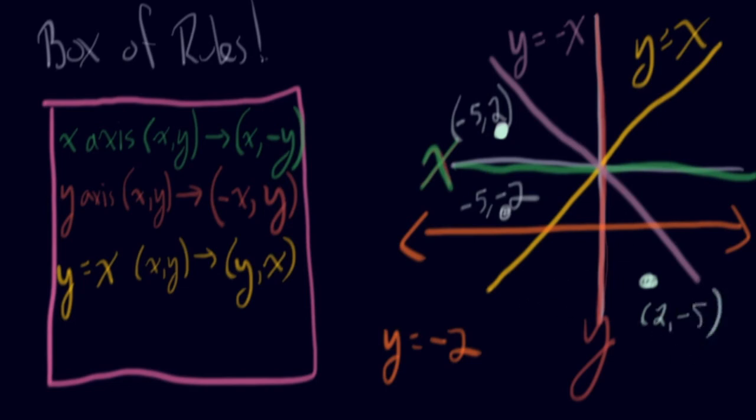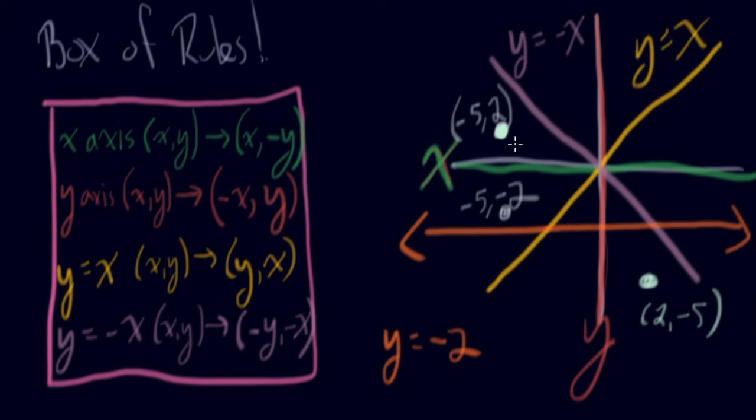And the final one we have to look at, the purple one, is what happens if it reflects across y equals -x. If you can take a wild guess, what do you think happens for that one? Again, you're going to flip-flop, but you're also going to change the signs. So it's going to be (-y, -x).